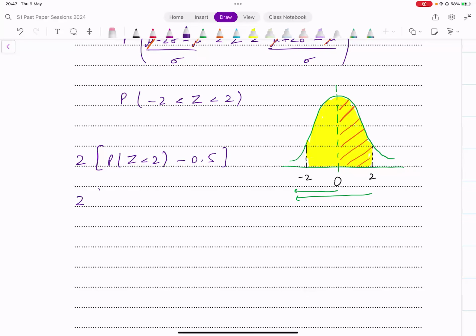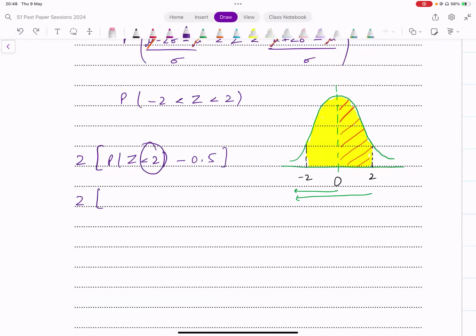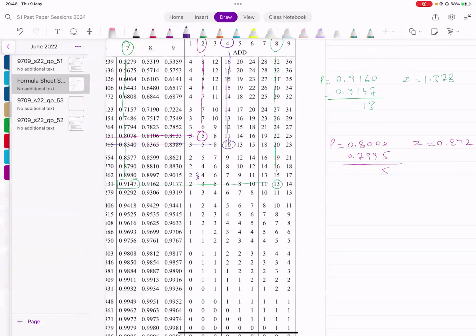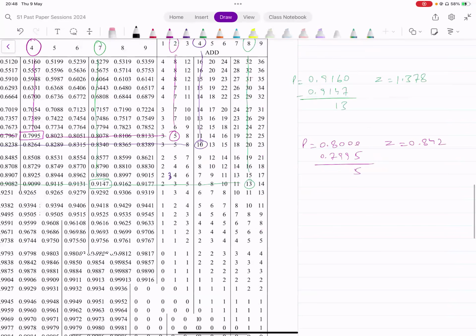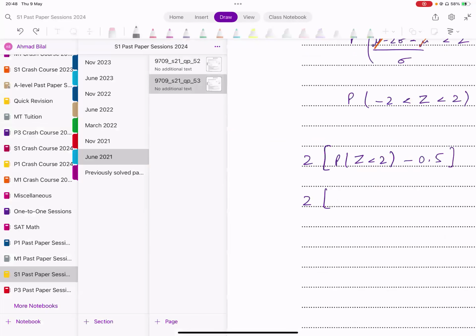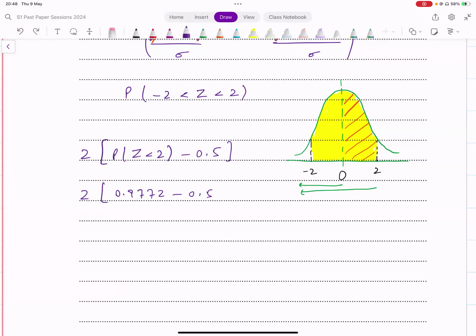And now z less than 2, find this probability from the table. This is what we're getting, 0.9772. 0.9772 minus 0.5, and that should give you the result. You can see what that turns out to be.